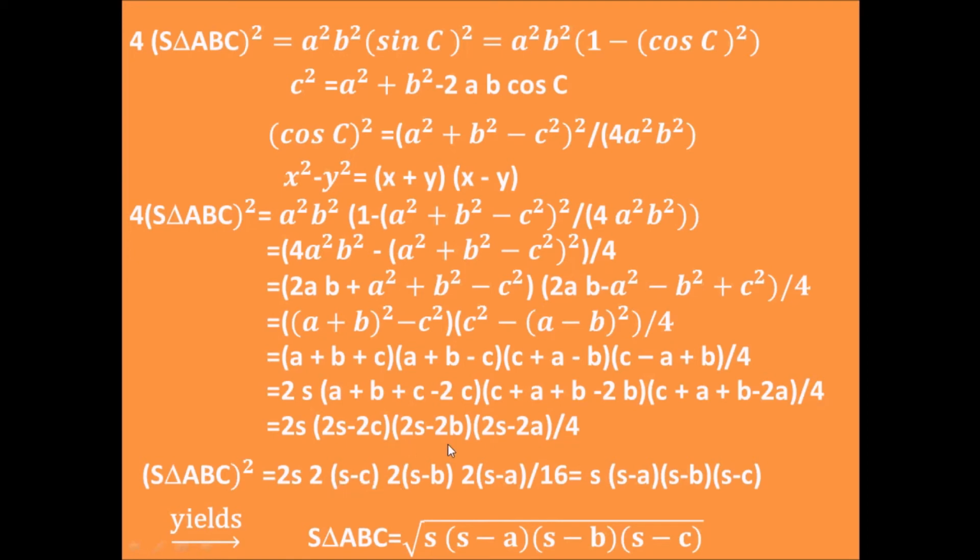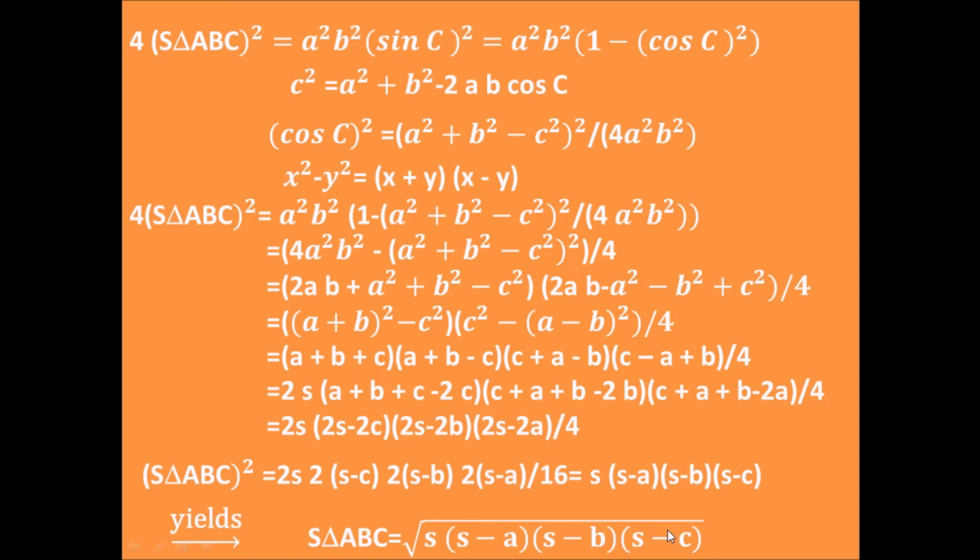Similarly, this term becomes 2 times (s minus b), and this term becomes 2 times (s minus a), divided by 16. After simplifying, we get s times (s minus a) times (s minus b) times (s minus c). So the triangle area equals the square root of s times (s minus a) times (s minus b) times (s minus c).